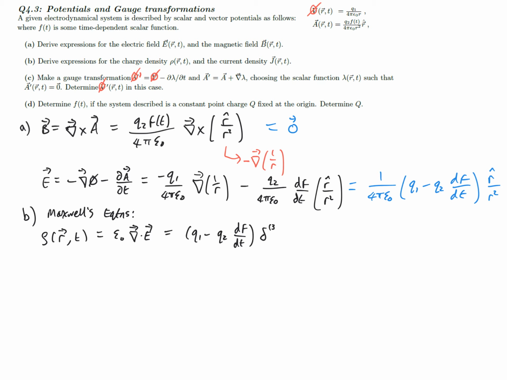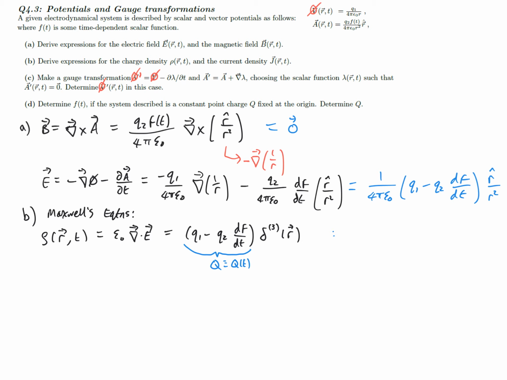So this is the delta function in 3D space, which pins us to the origin. So it's a point charge with some weird charge there, q1 minus q2 df by dt, located at the origin. So let's just, for future use, call this big Q. Notice that this big Q is time-dependent, Q of t.